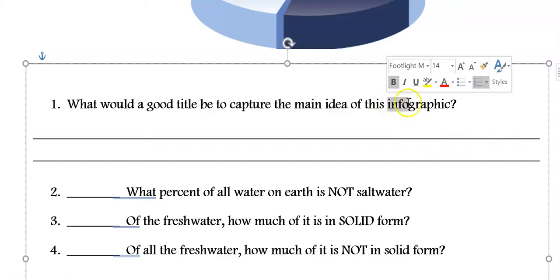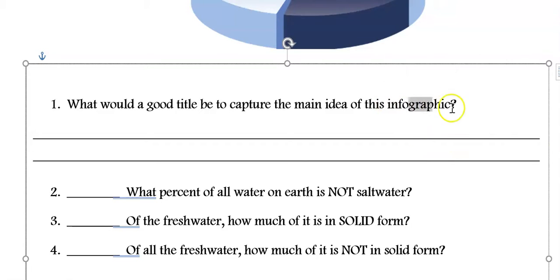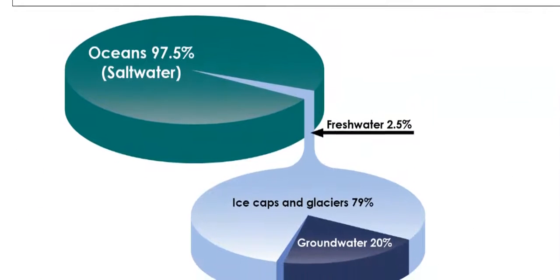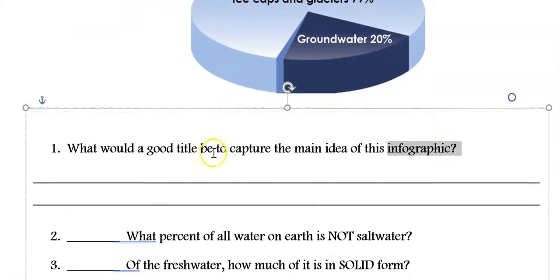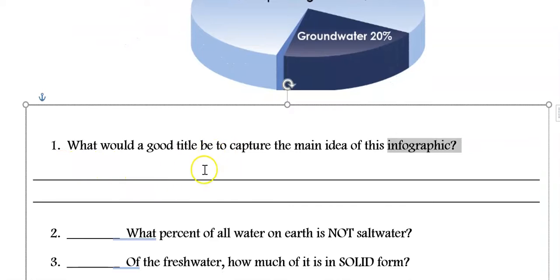Info just means information, facts. Graphic means the information, the facts are being shown in more of a picture form. It's not just text. How should you start this answer? A good title to capture the main idea of this infographic is, and then you put your title at the end.